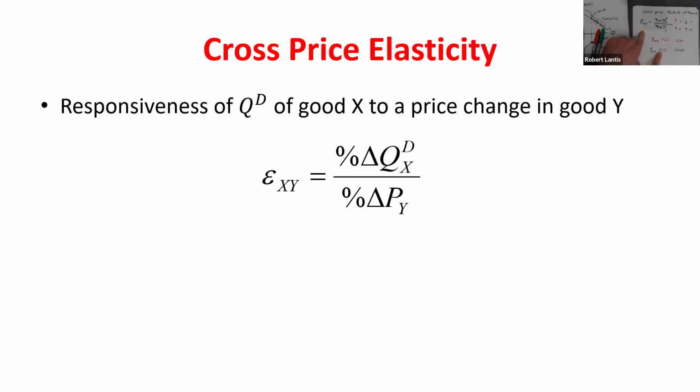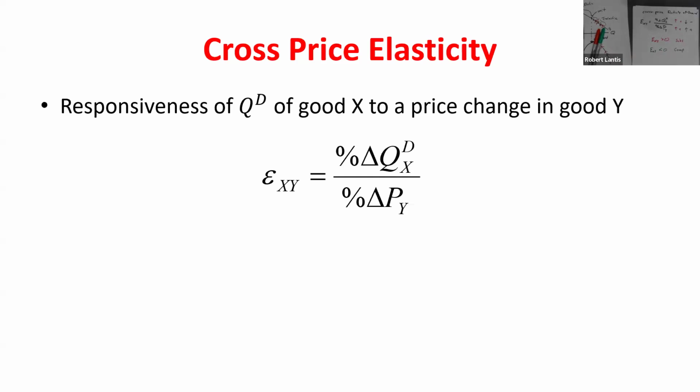So I just want you to know that the sign tells you if they're substitutes or complements, and then the magnitude, how large that cross price elasticity of demand is, tells you about how strong of substitutes they are or how strong of complements. If it's closer to 0, do you think that tells me if they're strong or weak substitutes or strong or weak complements? Weak, right?